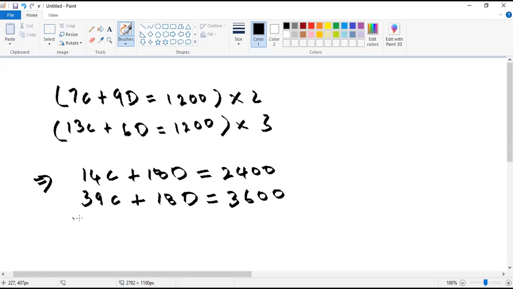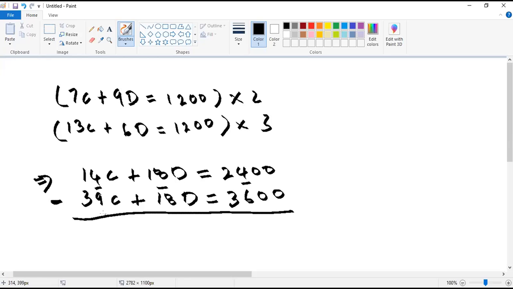So from here we can draw the line and we can subtract this equation from that equation. Remember, whenever I do this, I usually put a little minus sign up top to remind me that I'm subtracting.